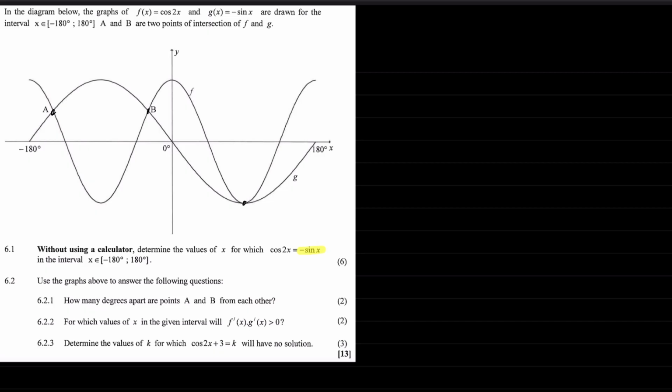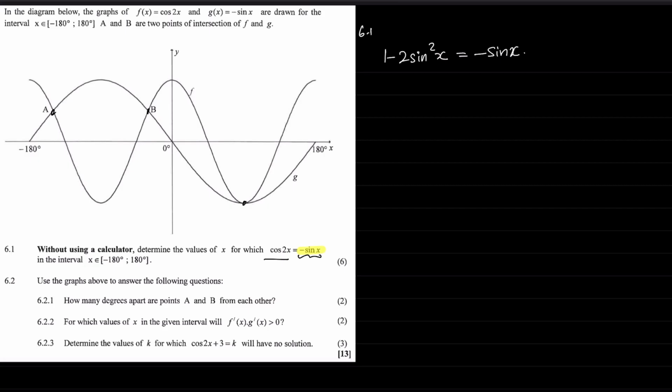And now I'm looking at that cos 2x and I'm thinking, how can I get a quadratic, keeping in mind that I have that sine there? Now I know that cos 2x opens up to a double angle that has sine in it, and I can use that, and it's going to give me a quadratic. So instead of cos 2x, I'm going to rewrite it as 1 minus 2 sine squared x, and that's going to equal minus sine x.